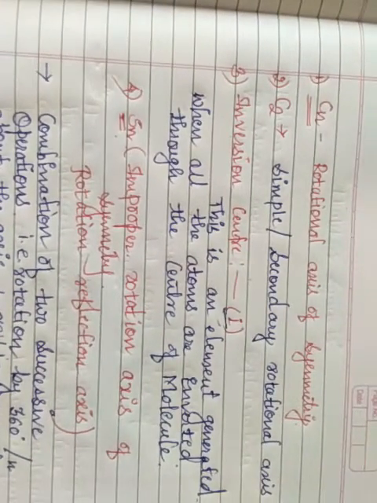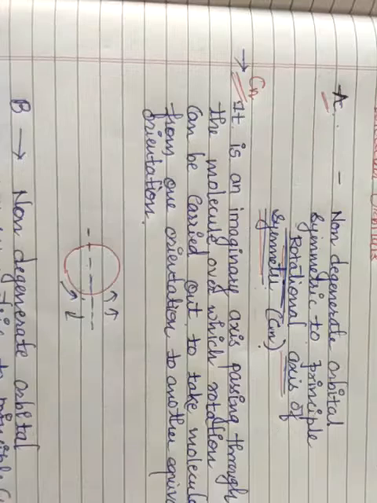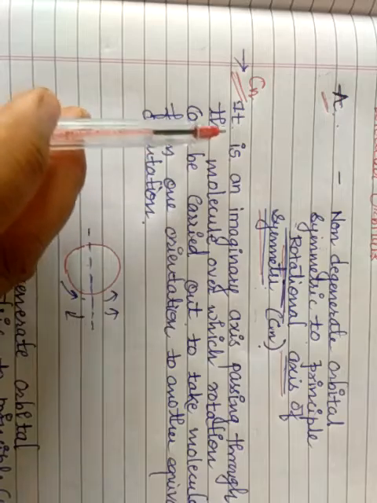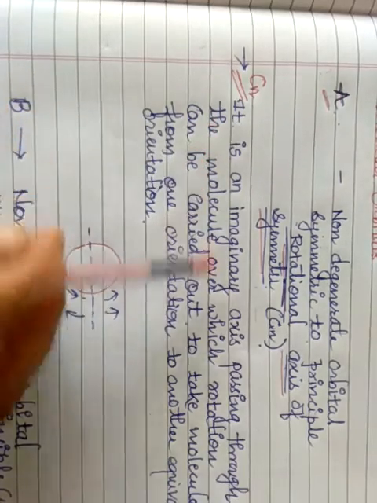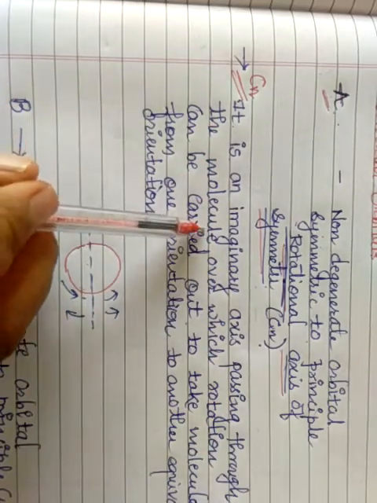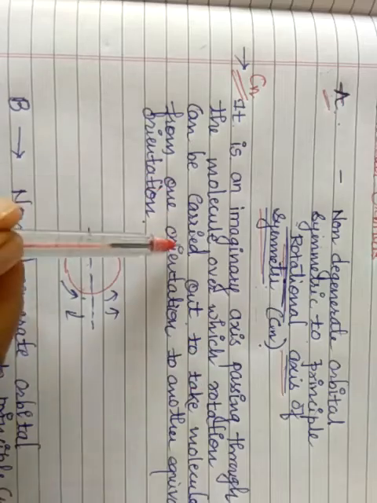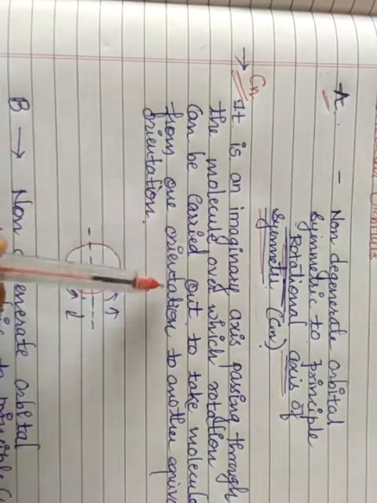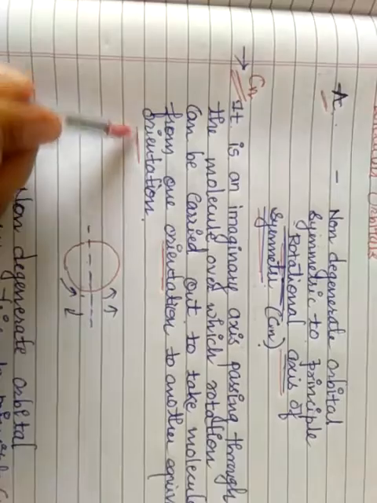The first term is Cn, the rotational axis of symmetry. Definition: it is an imaginary axis passing through the molecule over which rotation can be carried out to take a molecule from one orientation to another orientation.